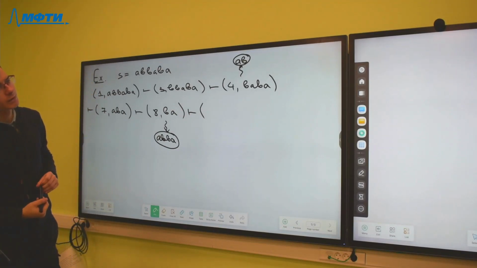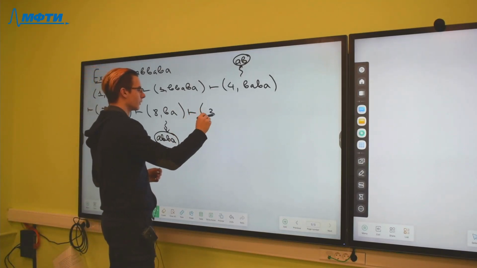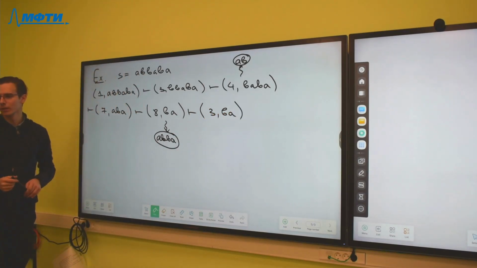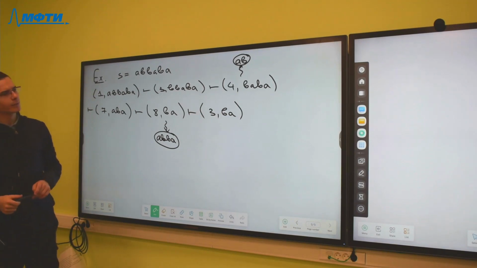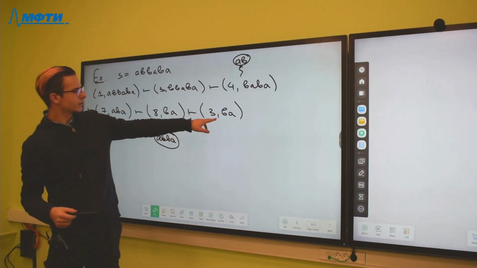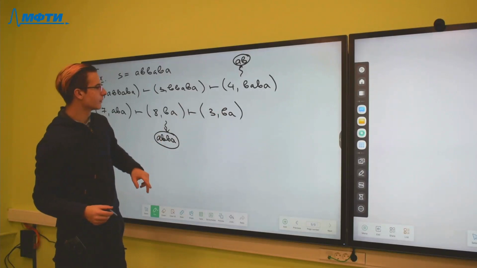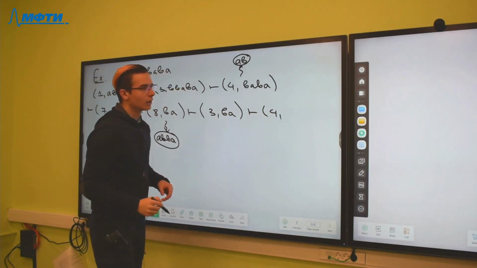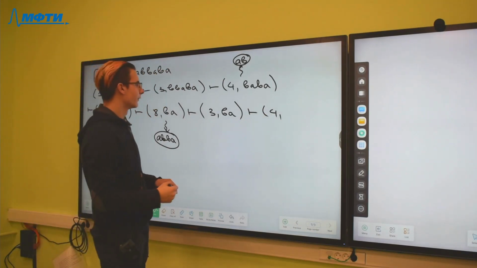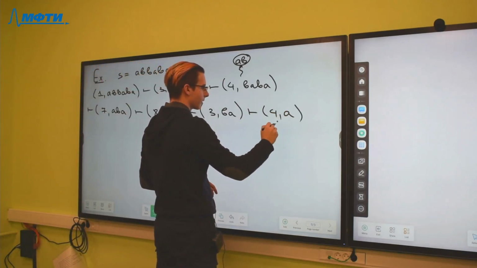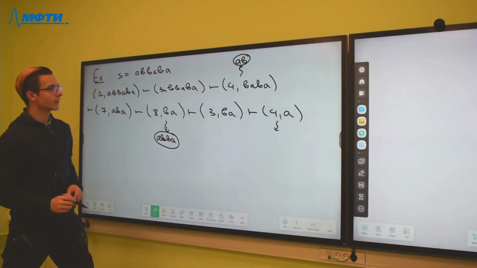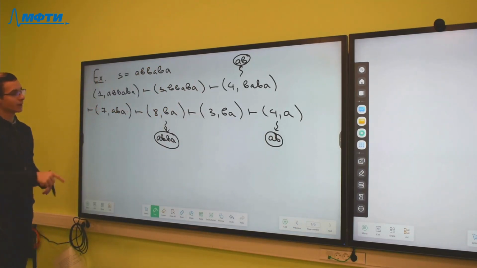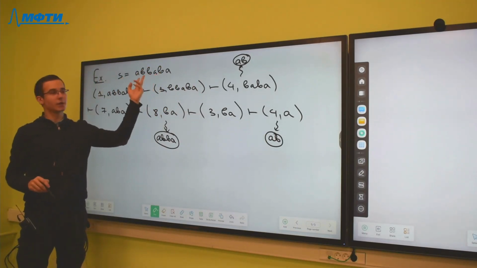We change 8 to 3, yeah. B, A. Do we have a transition by B? Yeah, 4. For A, yeah. And we write AB. Find it too. We have 2 substrings equal to AB, here and here.